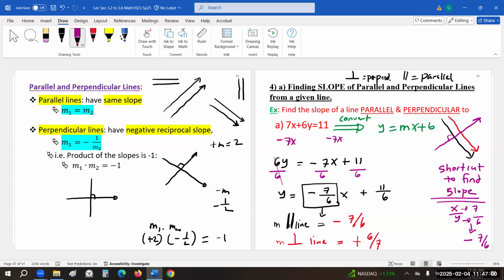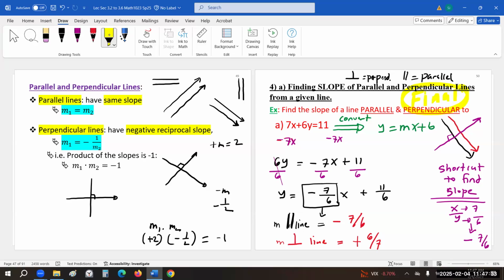And yep, you're going to see this in the final. They'll ask you exactly the same as this: find a slope that's parallel or perpendicular or both of a given line. So who is confused? Eliza, right? If they ask you to find the slope of the parallel line, you're focusing on the parallel line.